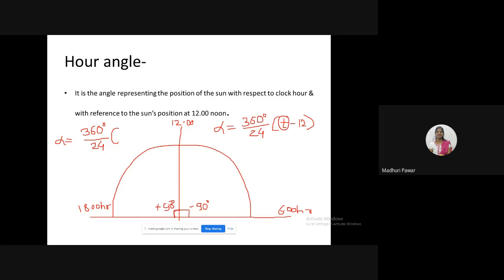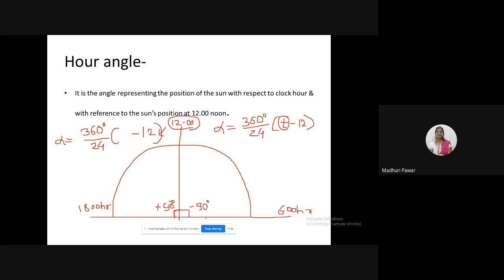T is the time when we are measuring the angle. This 12 is 12 o'clock; with reference to this time, we are calculating our angle.